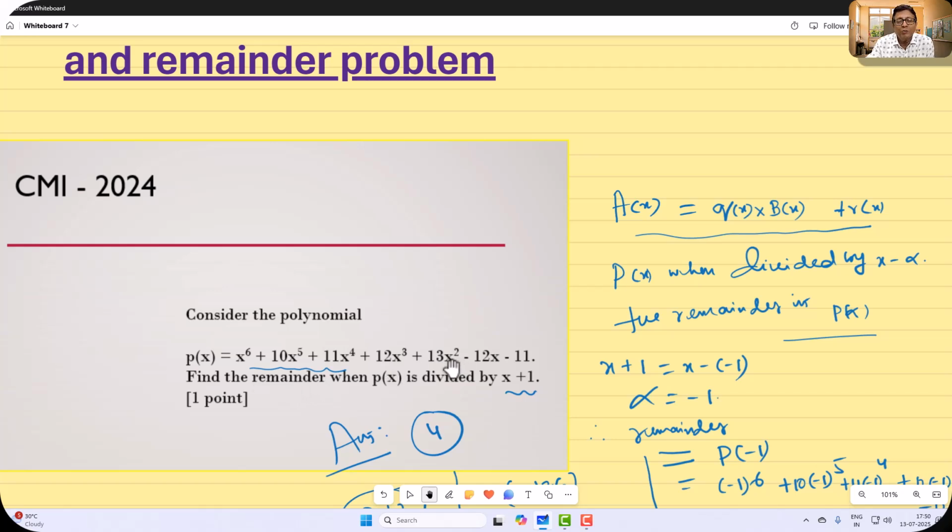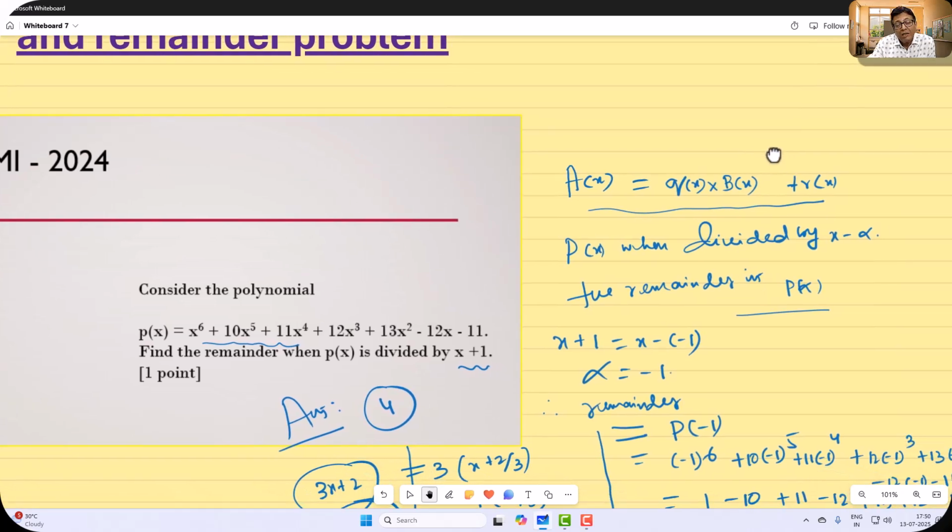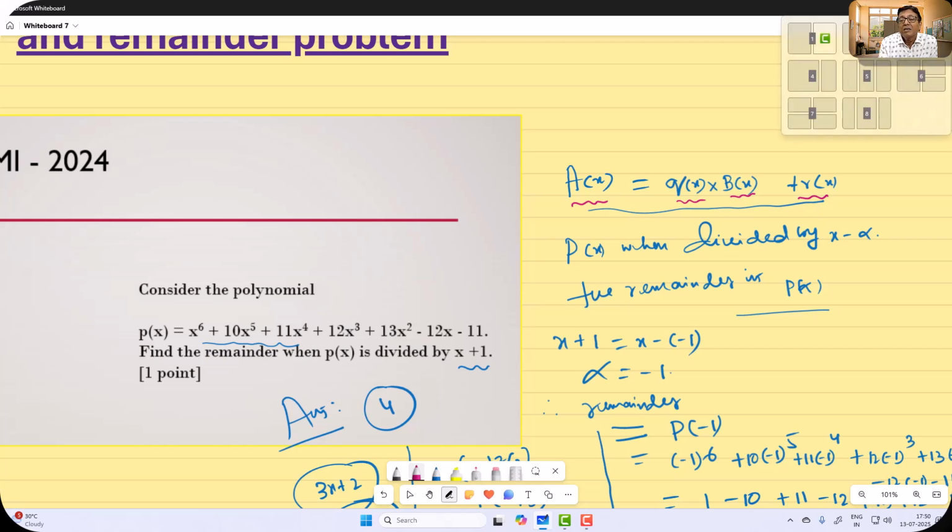For this polynomial, when divided by x plus 1, find the remainder. The factor theorem for two polynomials a(x) and b(x): we can write a(x) equal to b(x) q(x) plus r(x), where this is the quotient and this is the remainder.